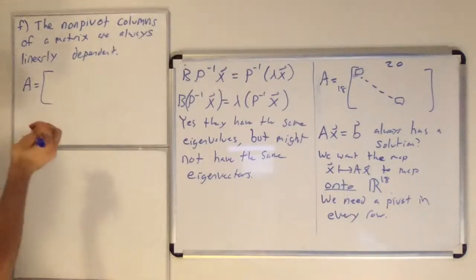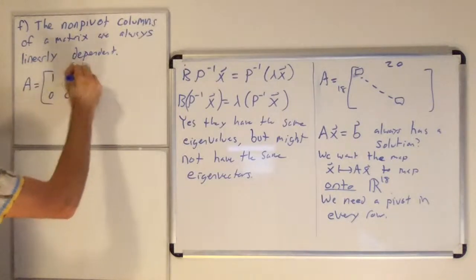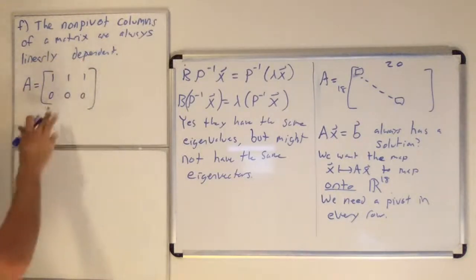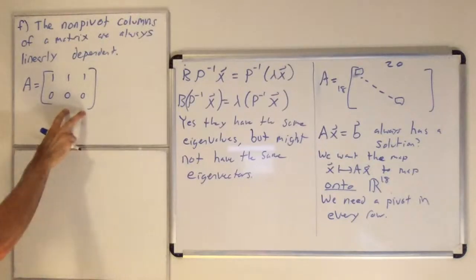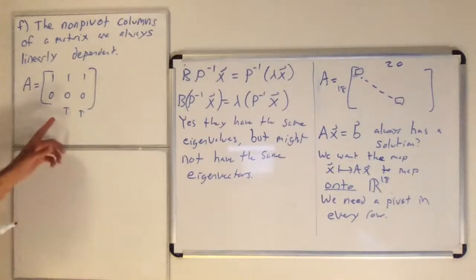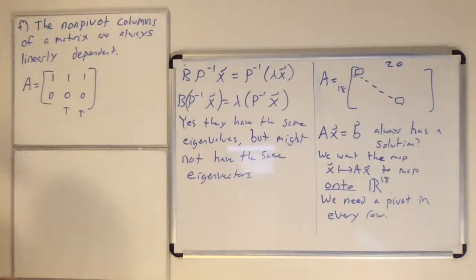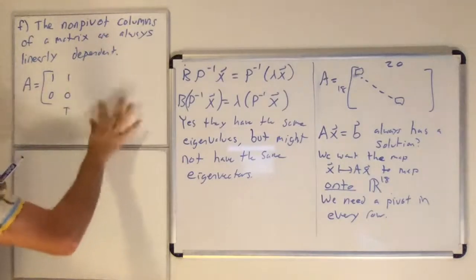For instance, if we had a matrix like 1, 0, 1, 0, 1, 0, this would have linearly dependent non-pivot columns. These are the same vectors, so it's clearly linearly dependent. But we can change our matrix. We just have to come up with one counterexample, so let's just shave off a column to solve our problem.